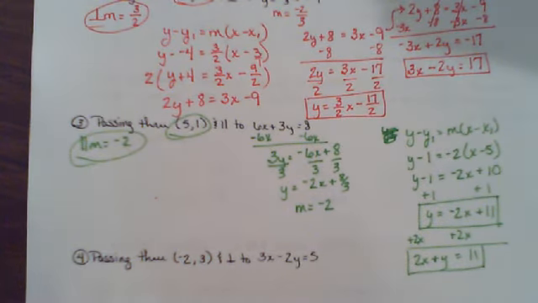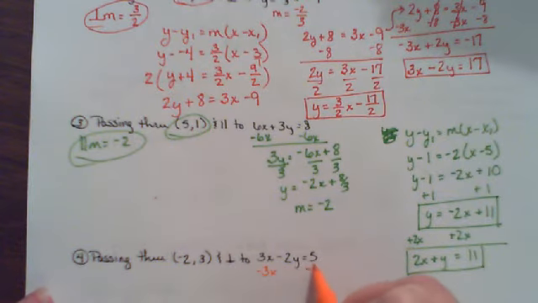Okay, so here we need to figure out what our slope is. So I'm going to subtract 3x from both sides. Negative 2y is equal to negative 3x plus 5. Divide everything by negative 2. y is equal to a positive 3 over 2x plus some number.